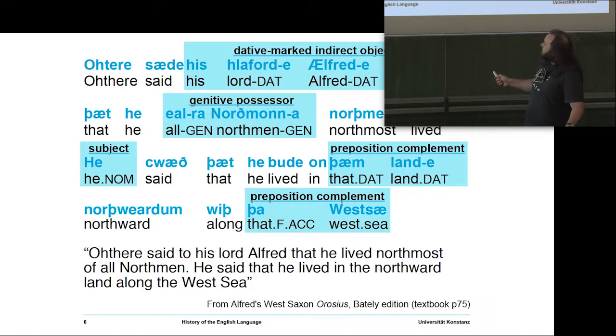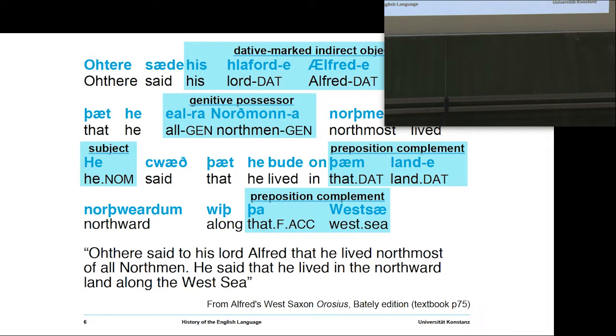So cweðan and secgan. He cwæð that he, another he, lived on ðæm lande, on the land, okay? Except that that's not quite that, semantically. But the form is on ðæm lande.